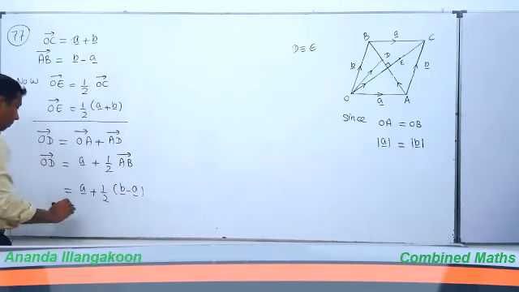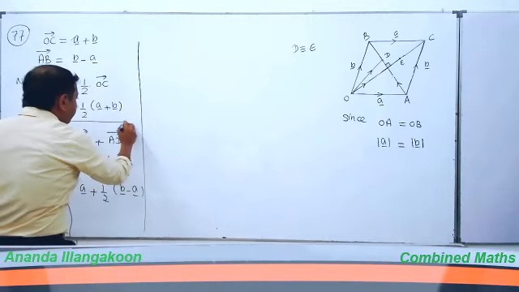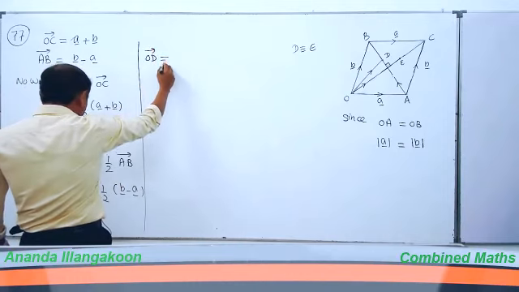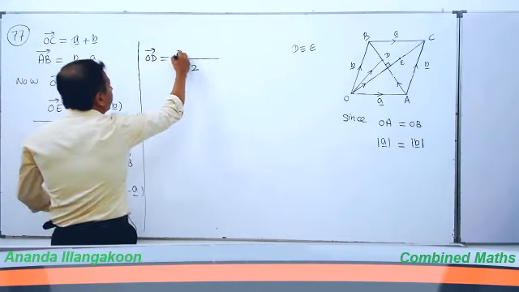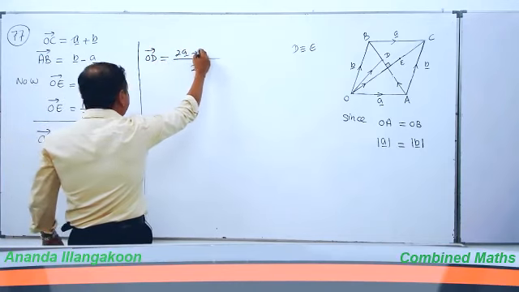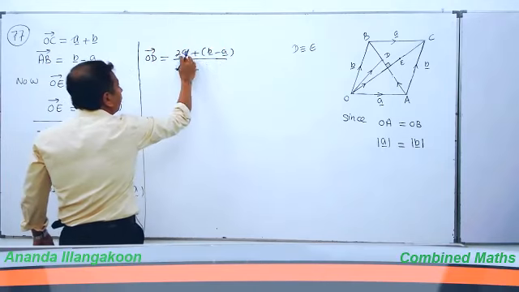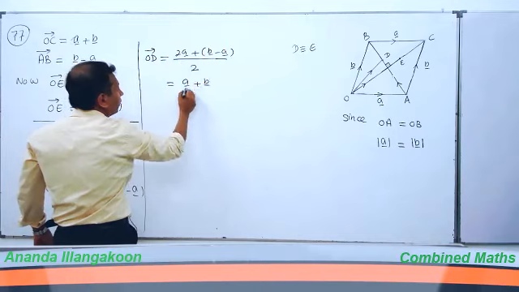Now simplify this. OD vector is equal to, taking the common denominator 2, this is (2A plus B minus A) divided by 2. 2A minus A is A, plus B, divided by 2.